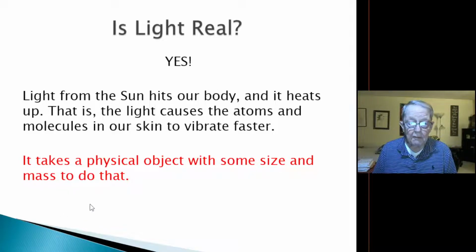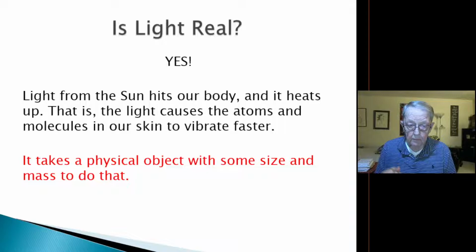And it takes a physical object with some size and mass to do that. Saying light is not an abstract mathematical function. It's a real entity, a physical particle, if you will, a photon, if you will.